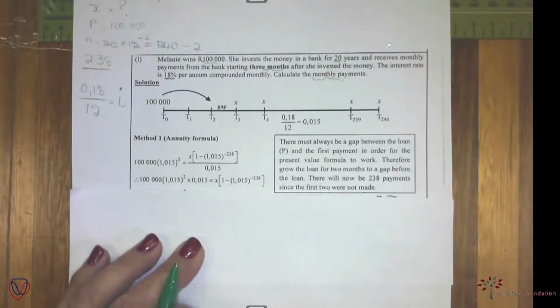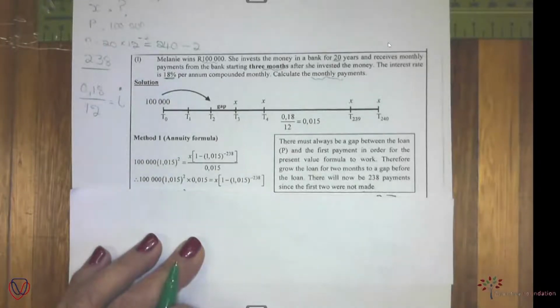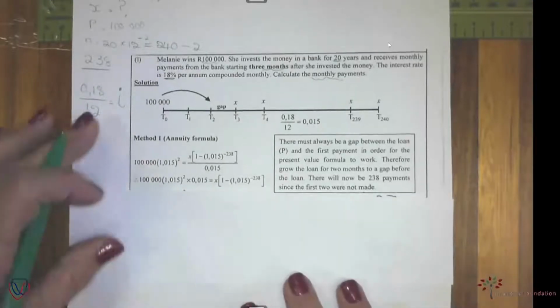Or they say to you, you invest 4,000 Rand a month, you will have 200,000 Rand in 5 years' time. Then you must find the money that you invested. So they give you the amount that you will receive, and they ask what did she invest per month? So then the 4,000 won't be there, there will be an X. You understand? But we will do one like that quickly now.